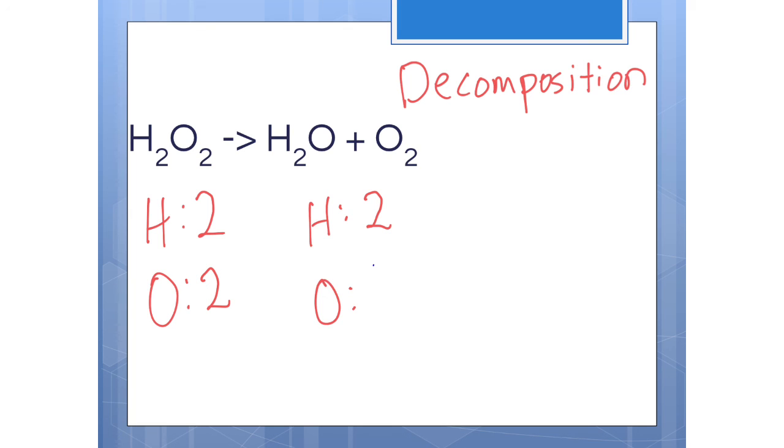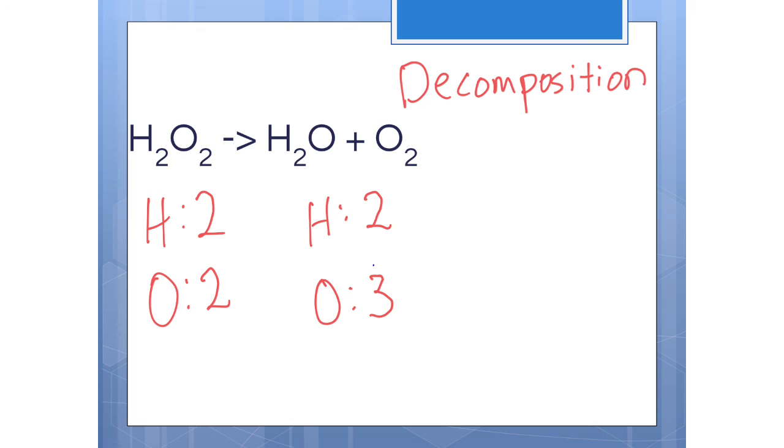So we have the O2 and the O attached to H2O. And so we have a total of 3 oxygens. All right, so we have an odd number of oxygens. Again, what I would do here is try to even out any odd numbers, because you can't make an even number odd, but you can make an odd number even, and you can't balance between an odd and even.